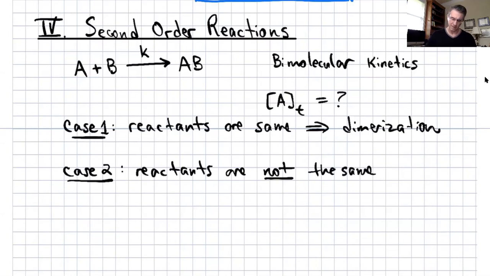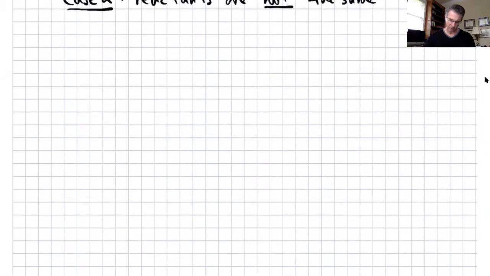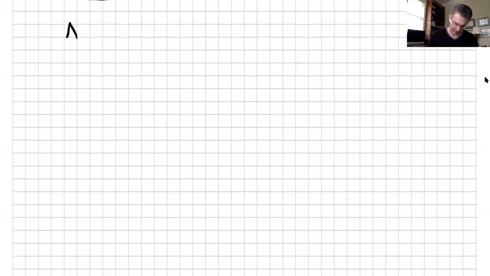So let's deal with the easy one first. What would that look like if we were going to write out the kinetic model for dimerization? That, of course, would look something more like this. We would have, say, A plus A goes to, well, maybe they react, maybe they dimerize.